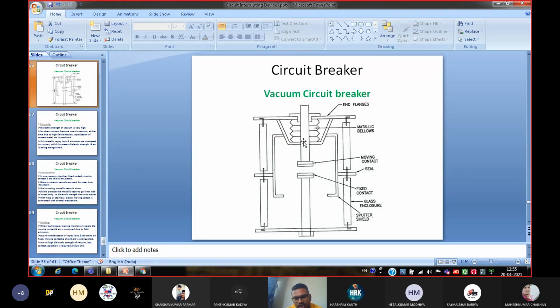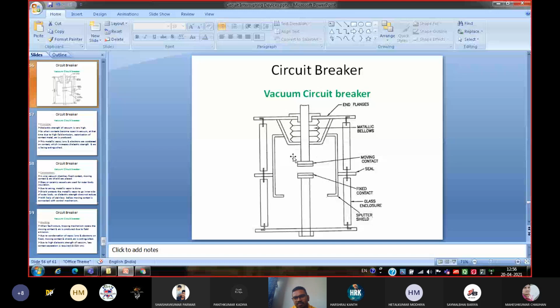Now this moving contact moves upwards. When contacts become separated, at that time this moving contact moves upwards. At that time the arc is generated and metallic vaporization occurs. This metallic vaporization will not go outside this chamber, or we can say that this arc shield prevents the metallic vaporization from going outside of this inner body.